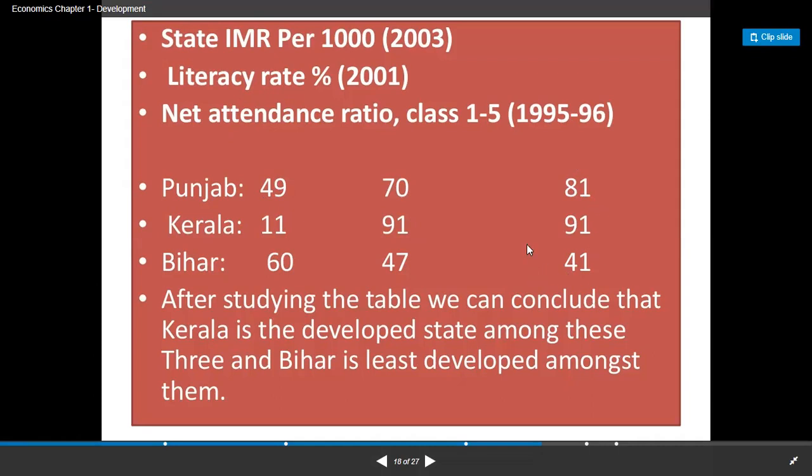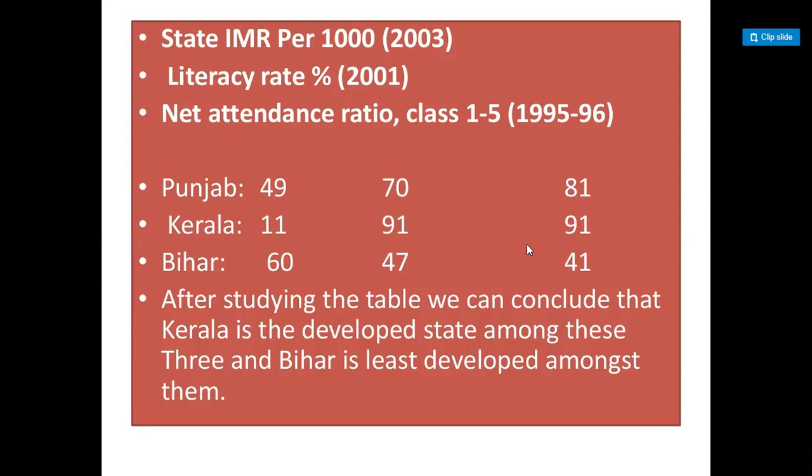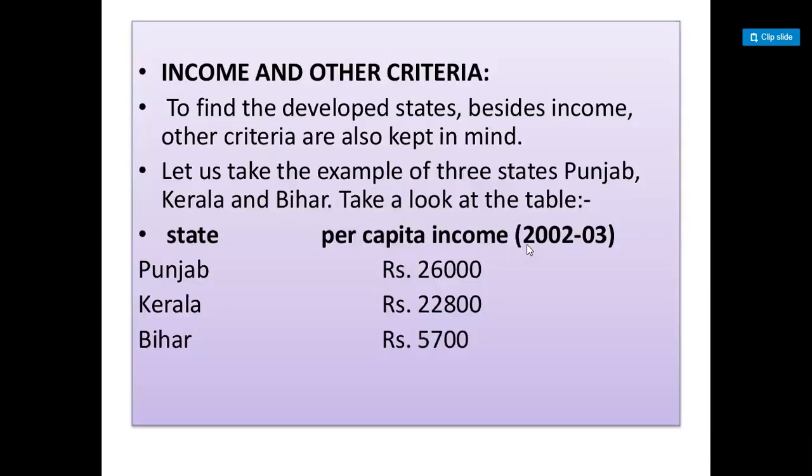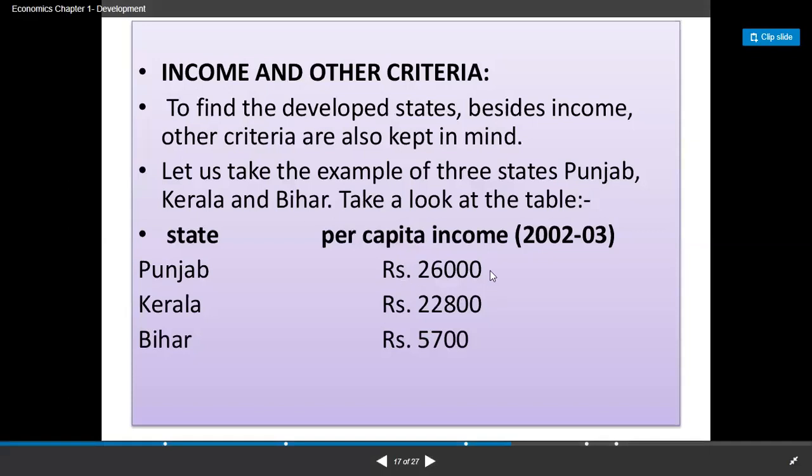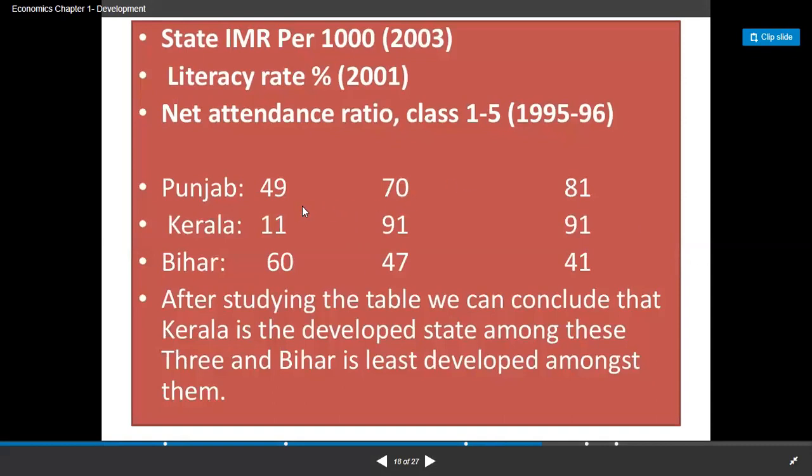Now, after studying the table, we can conclude that Kerala is the most developed state among these three, and Bihar is the least developed. In per capita income, we have seen that Punjab had more per capita income. Kerala had 22,800 and Bihar 5,700. But when we look at IMR, literacy rate and net attendance ratio, Kerala has a low IMR, that is infant mortality rate, the death rate is low here, literacy rate is high, and net attendance ratio is also high.